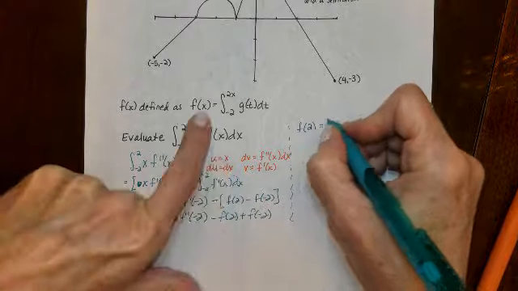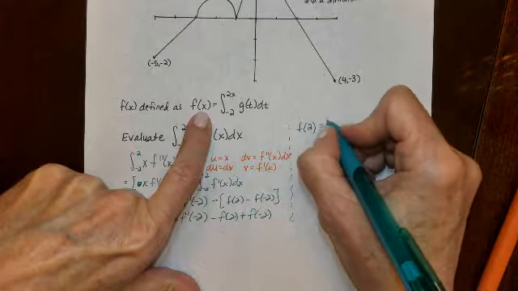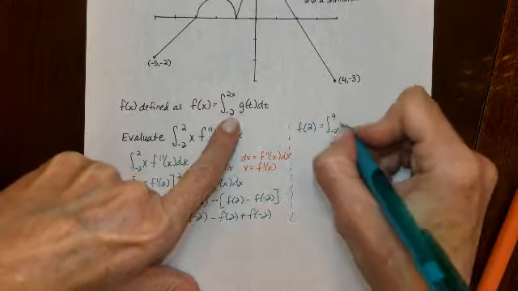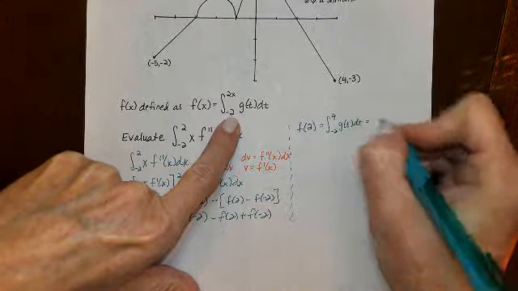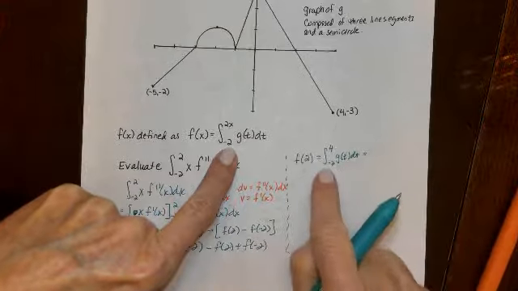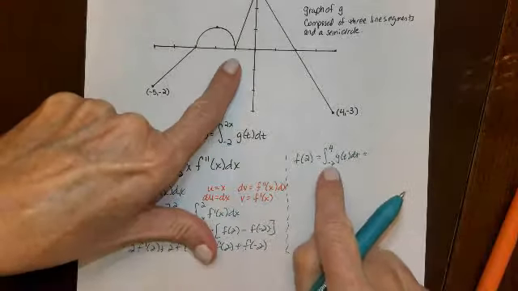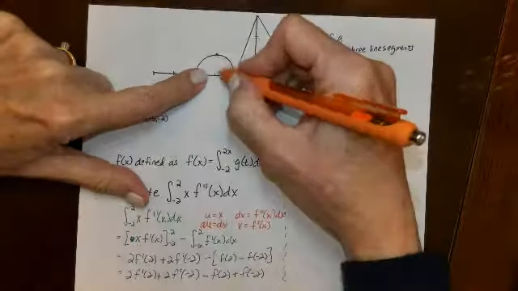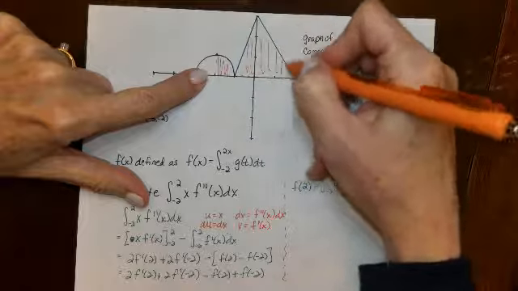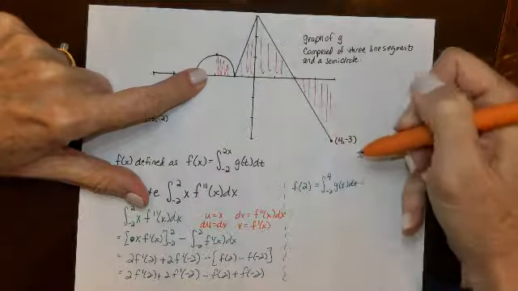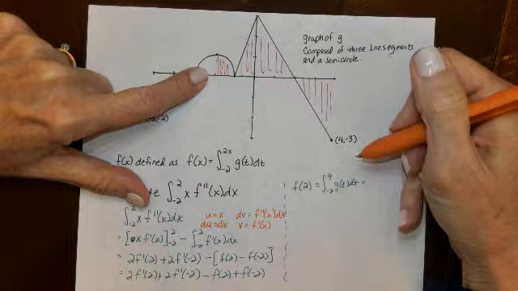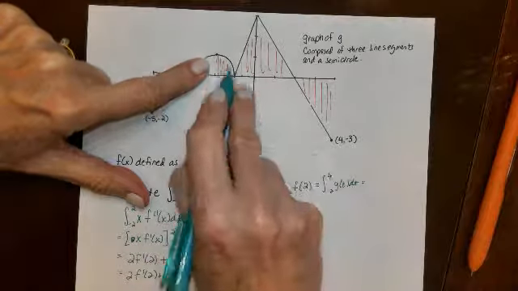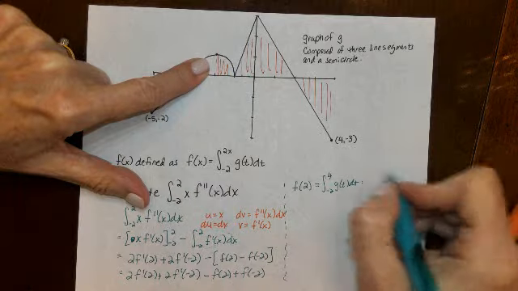So f of 2, we replace x with 2. And when you replace x with 2, you get -2 to 4 here, right? Okay, so I need the integral of g from -2 to 4. Well, -2 to 4 would be all of this, right? -2 to 4 would be all of that. So I have a positive quarter circle of radius 1.